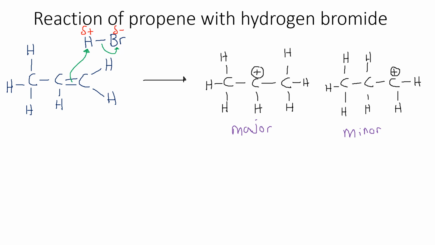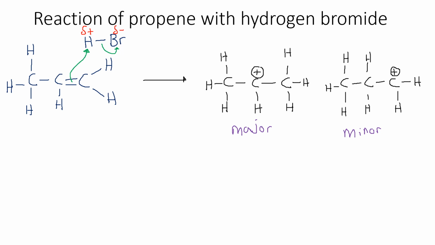And you might still be wondering, well, why does that happen? Well, it happens due to something called the inductive effect. In both of these intermediates, you get a carbocation formed, which is a carbon with a positive charge on it. So the question is, which is the most stable carbocation?